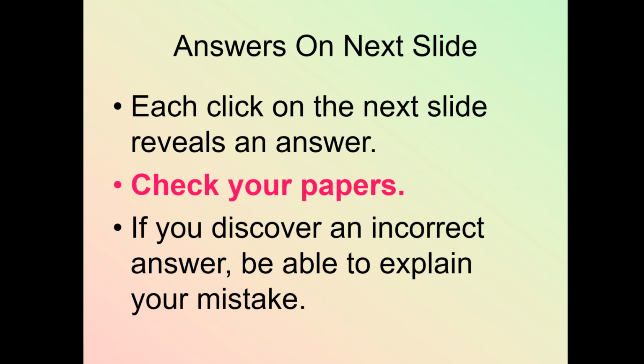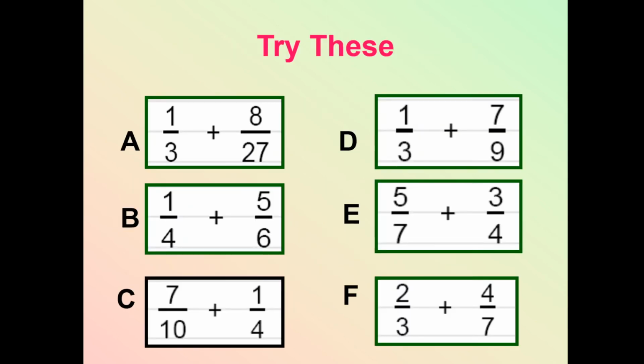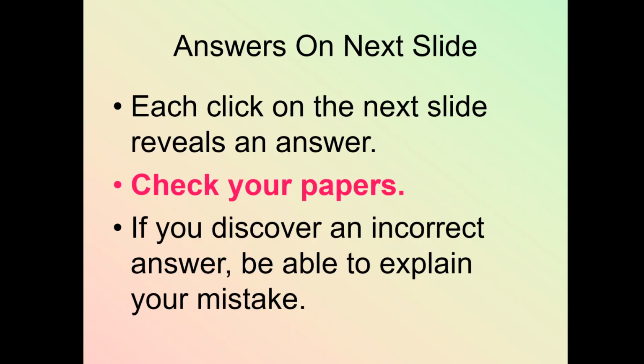Okay, so I probably have given you enough time, or you probably have answered it already. Before we move on to the next slide, I want you to be sure that you have finished your fraction solving. So we're going to go on now to check whether your answers are correct or not.